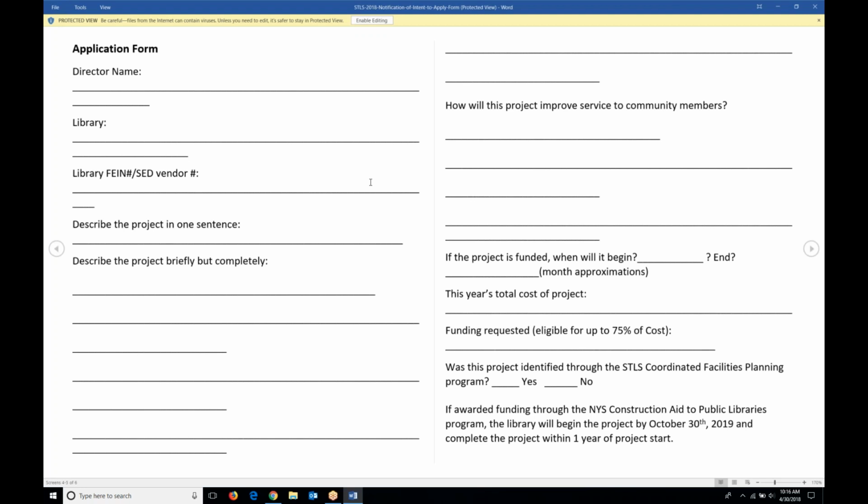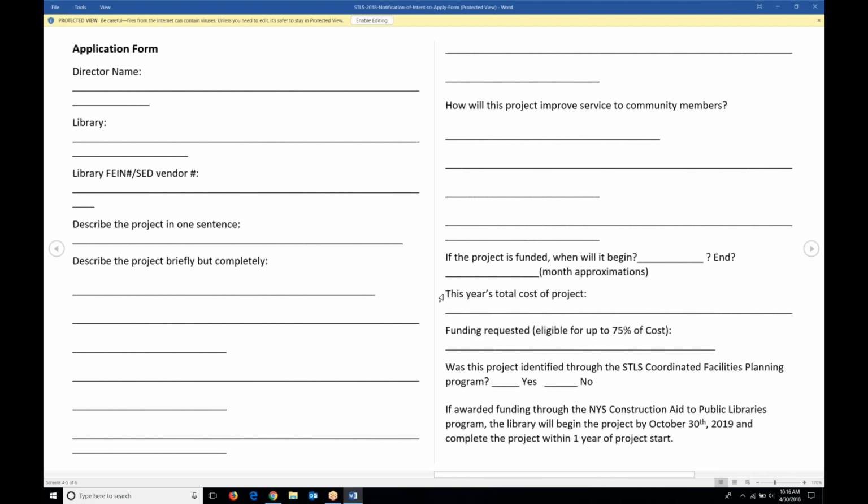I only recommend you do that if you already have other money, and it's okay that it's reimbursable funds in a different fiscal year. That's another feature of this program that you need to be aware of. This year's total cost of the project.